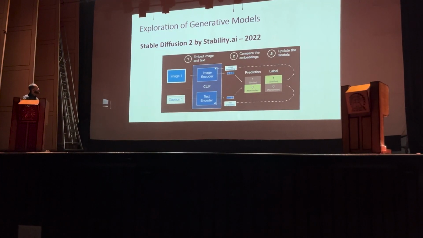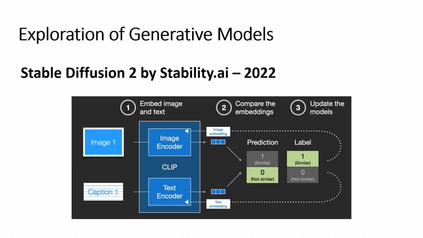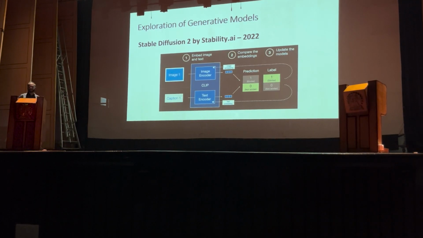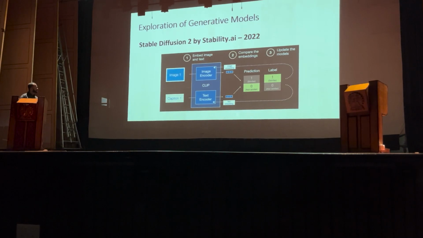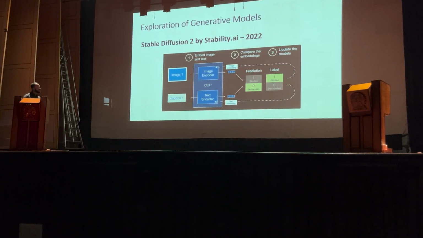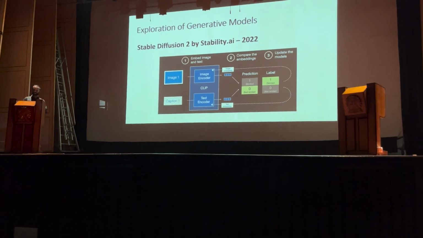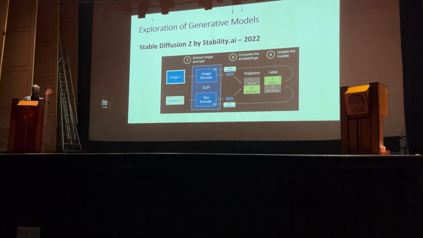Alright, so in 2022, the Stable Diffusion 2 model was launched. This is from stability.ai, and the architecture looks like this. If you've seen CLIP-based models, they have two encoders. You have the image and you also have the text prompt.